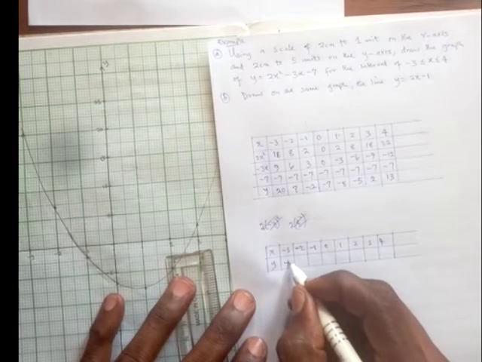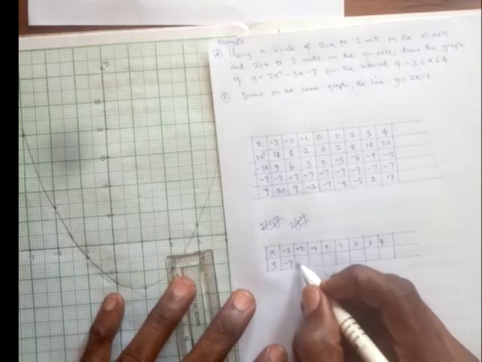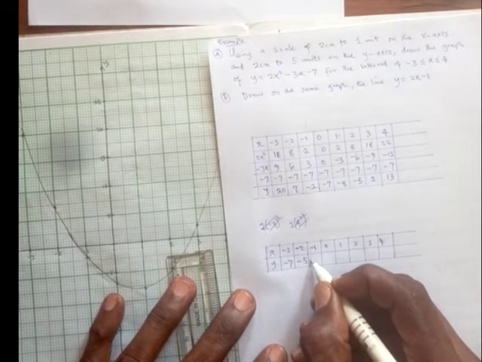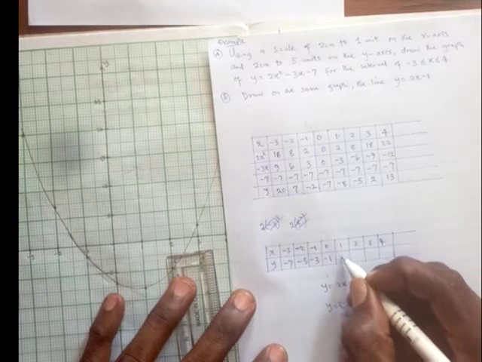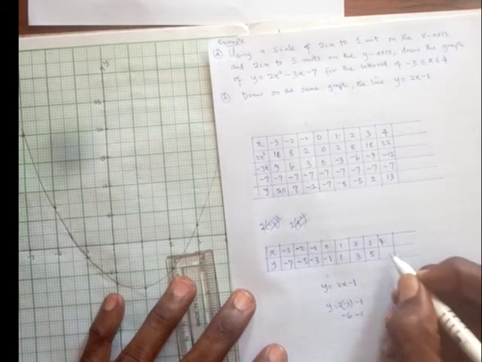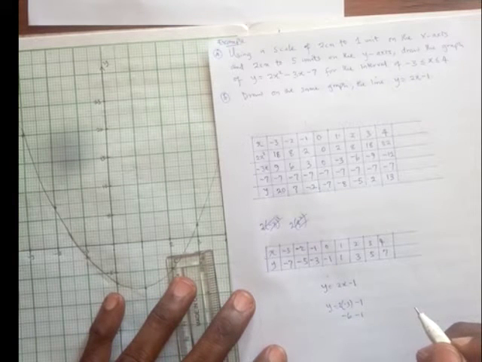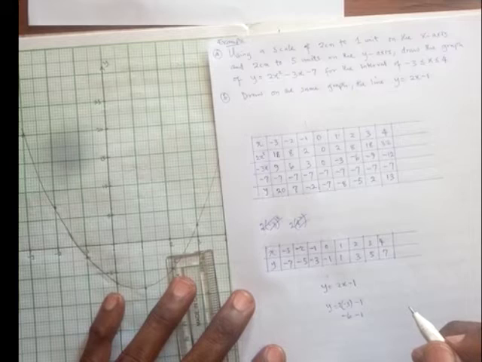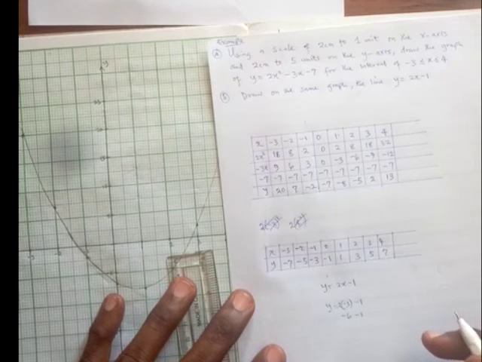This will become -7. If you continue with this pattern, this will give us -5. This will give us -3, -1, 1, 3, 5, and 7. So let's draw the graph for this function.